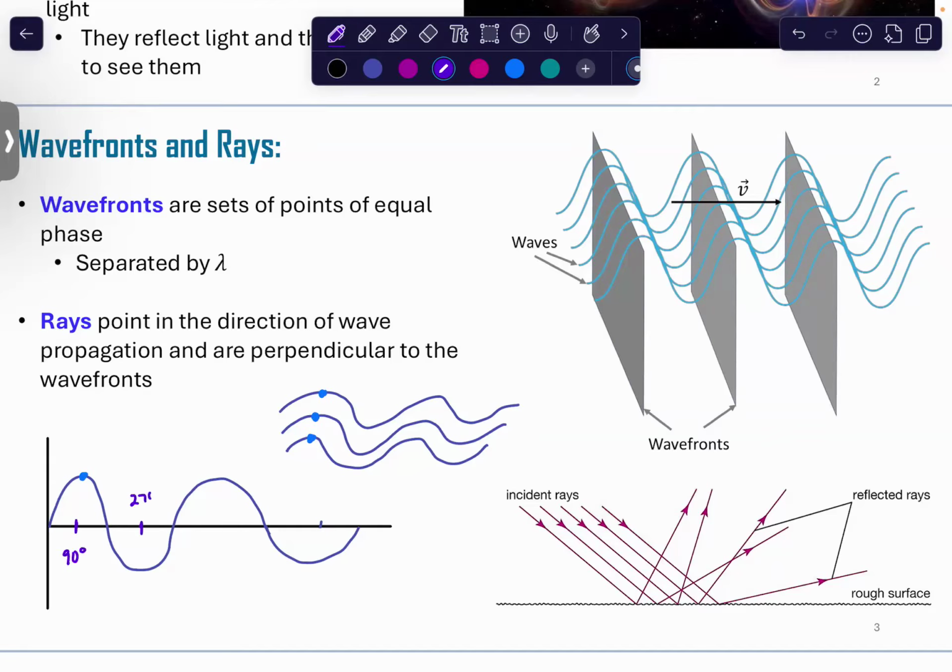This here is 270 degrees, 180 where it crosses the zero line. You could have another set of points at 180 degrees. If you have two waves shifted so that their peaks and troughs don't line up, those are out of phase with each other. They're at the same phase if they all line up at the same angles. So it's several waves lining up, and their points create these wavefronts, separated by lambda. The next one would be there.